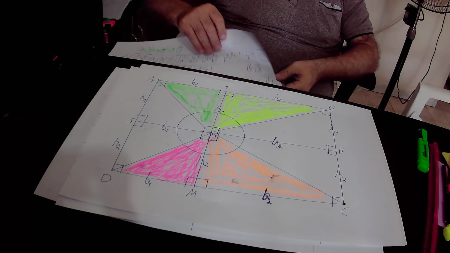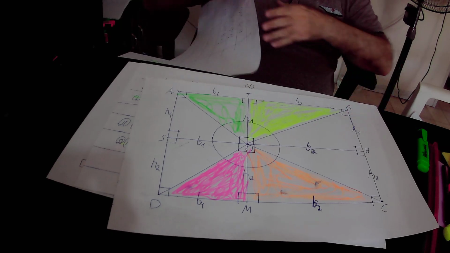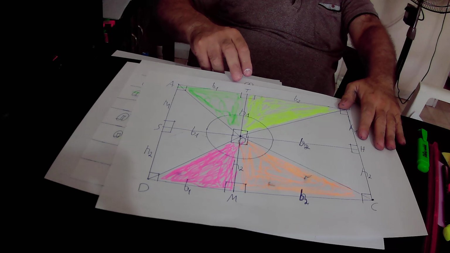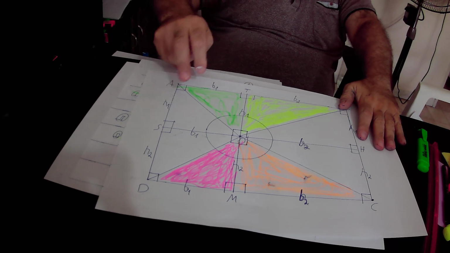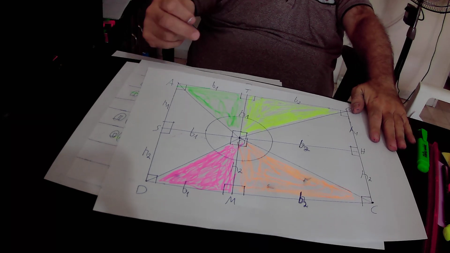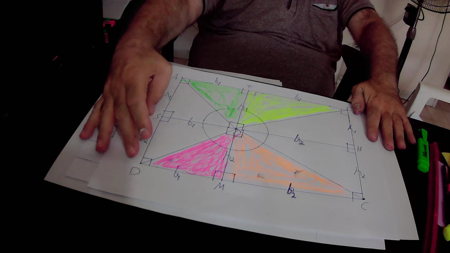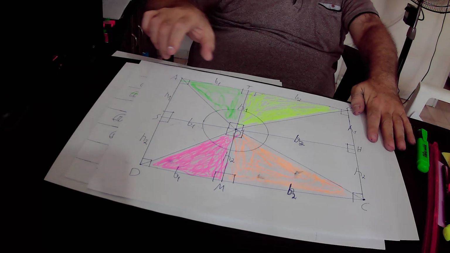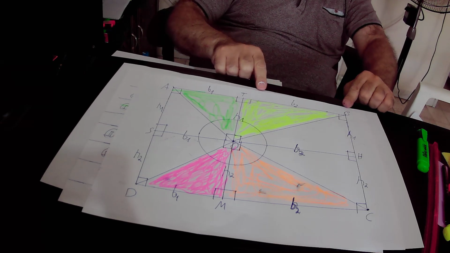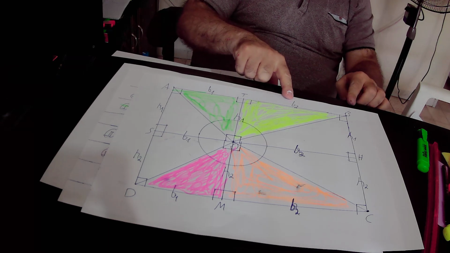That is to say, before that, we define side AS as H1, we define side SD as H2, we define side AT as B1, and we define side TB as B2.